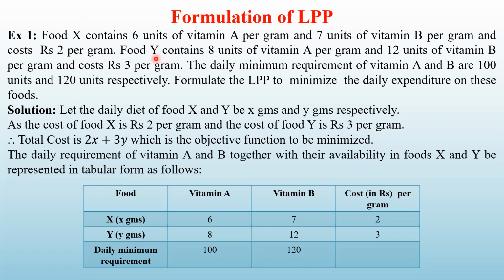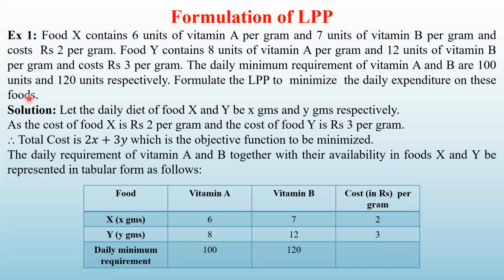Food Y has 8 units of vitamin A, 12 units of vitamin B, and the cost is ₹3 per gram. Now, the daily minimum requirement of vitamin A and B is 100 units and 120 units. That is, the requirement of one person for one day is 100 units of vitamin A and 120 of vitamin B.